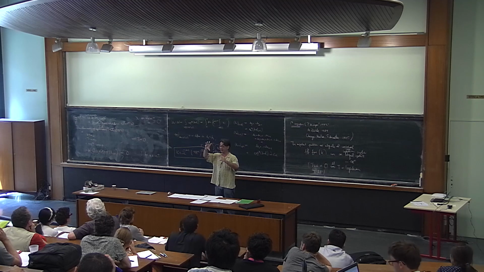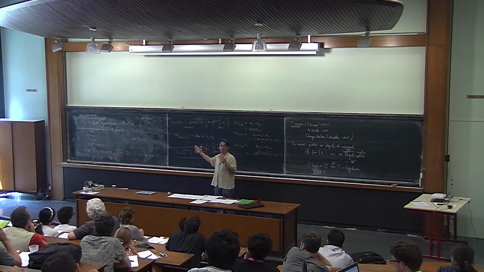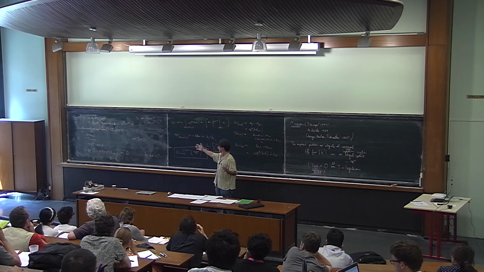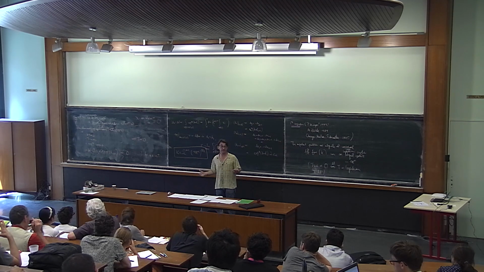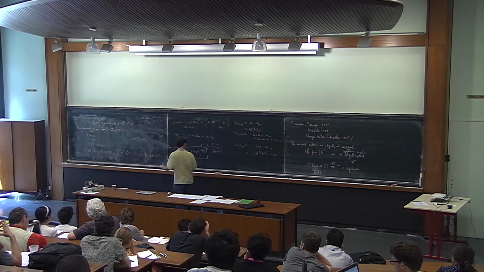Well, we don't know that this pushed forward current is associated in the same way to the pushed forward set. Just don't know. One way I like to say this is that the proof of this theorem is somehow too easy, as we'll see next time. It tells us too little.